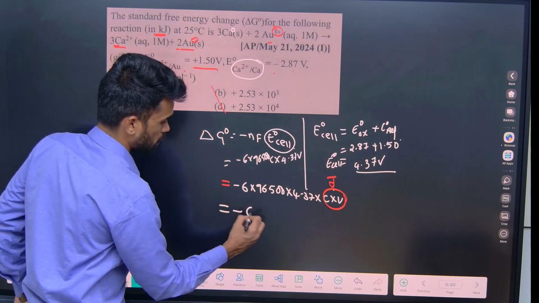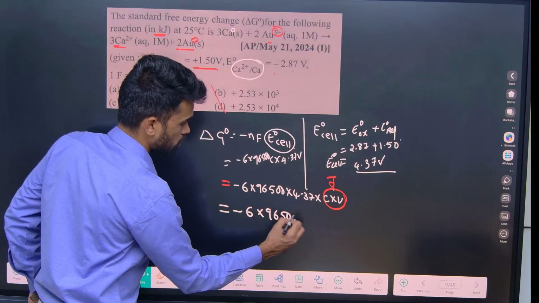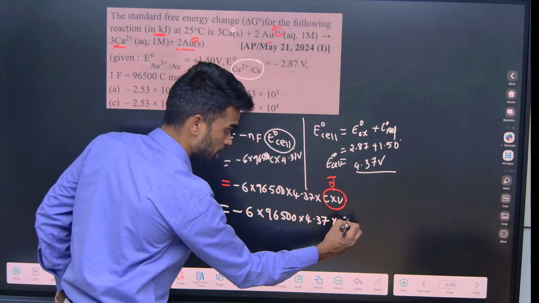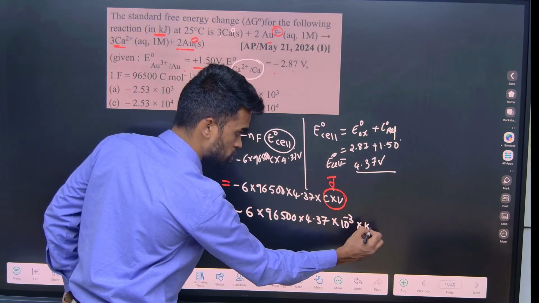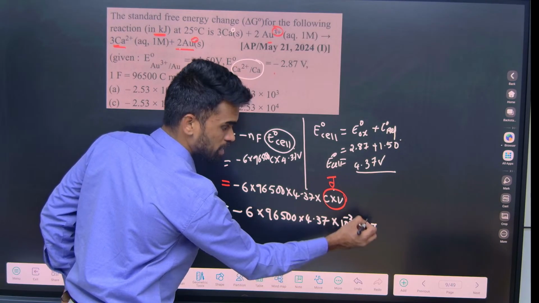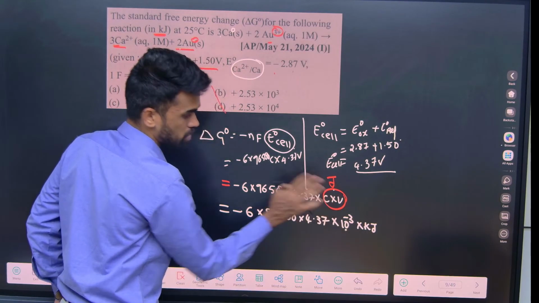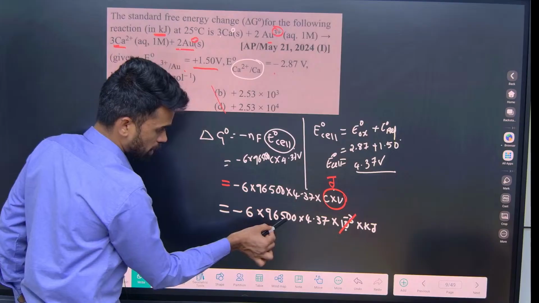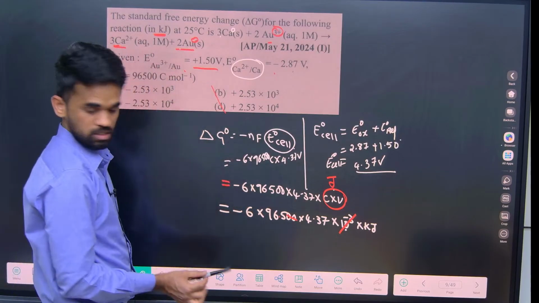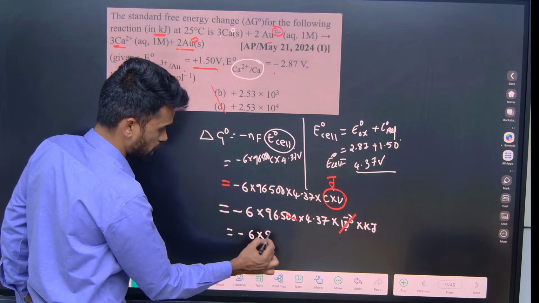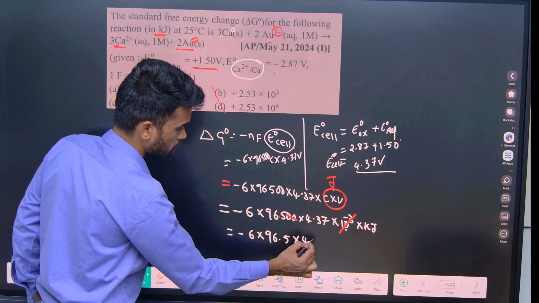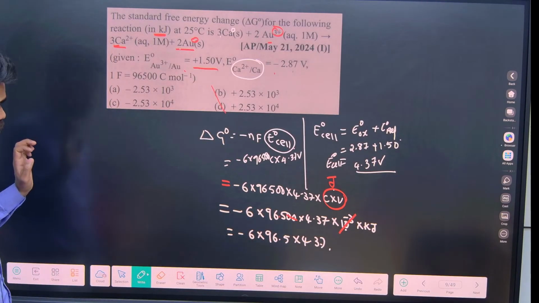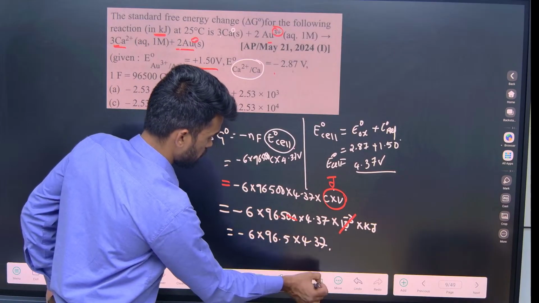So I need to make it 6 into 96500 into 4.37, and for kilo, 10 power minus 3 you put. K means 10 power plus 3, this is 10 power minus 3, overall it will be joules. So minus 3 is there, so I can remove these 2 zeros. So we got minus 6 into 96.5 into 4.37. Now look at the options, both of them are 2.53, so 4.37 now.